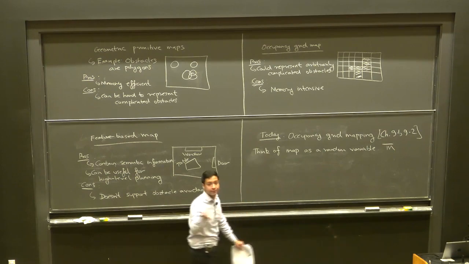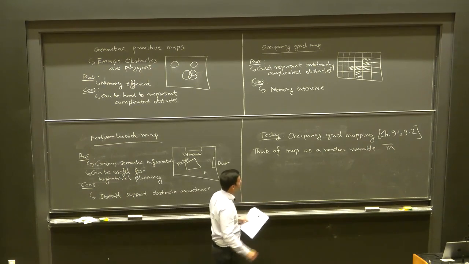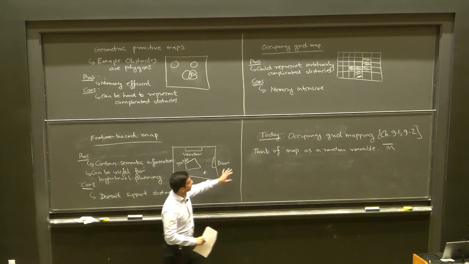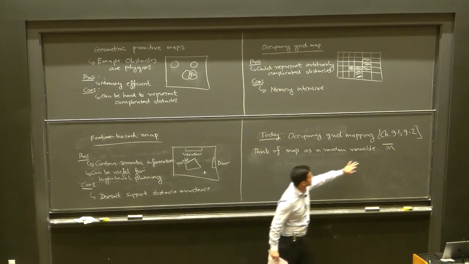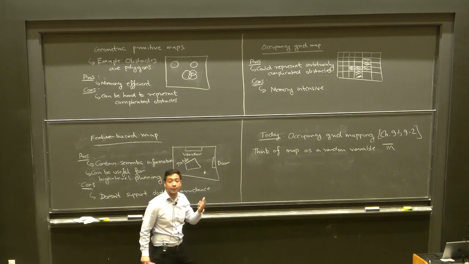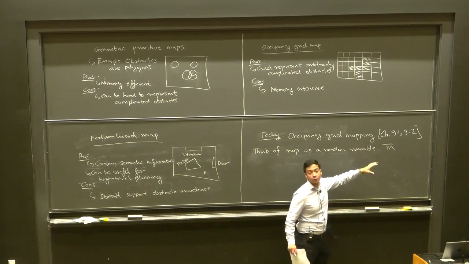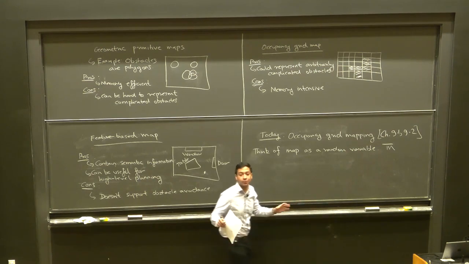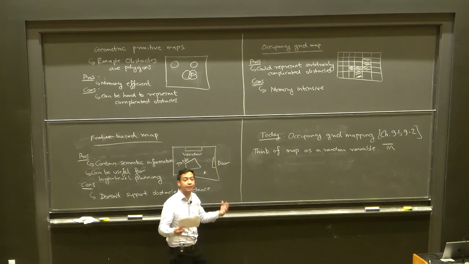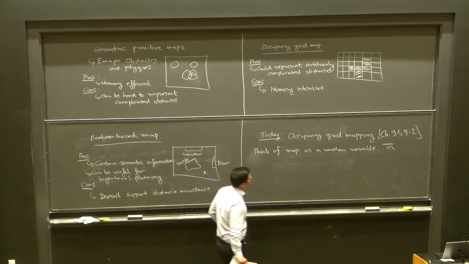The bar again just denotes that it's a vector. I'll talk about the exact representation in a bit. The reason we think of it as a random variable is that we're going to associate some probability, so really a probability distribution over maps. That's what we're going to update using sensor measurements that the robot gets.